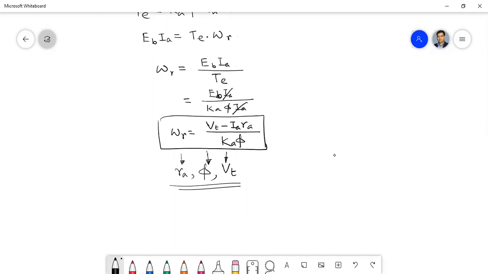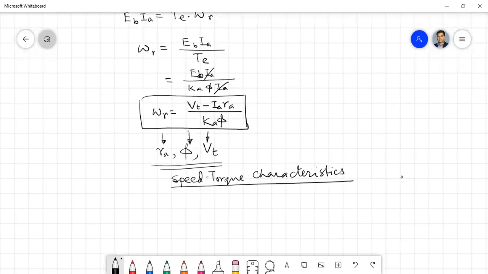Now for motors, the characteristic which is very popular is called the speed-torque characteristics curve. That is the most important characteristic.